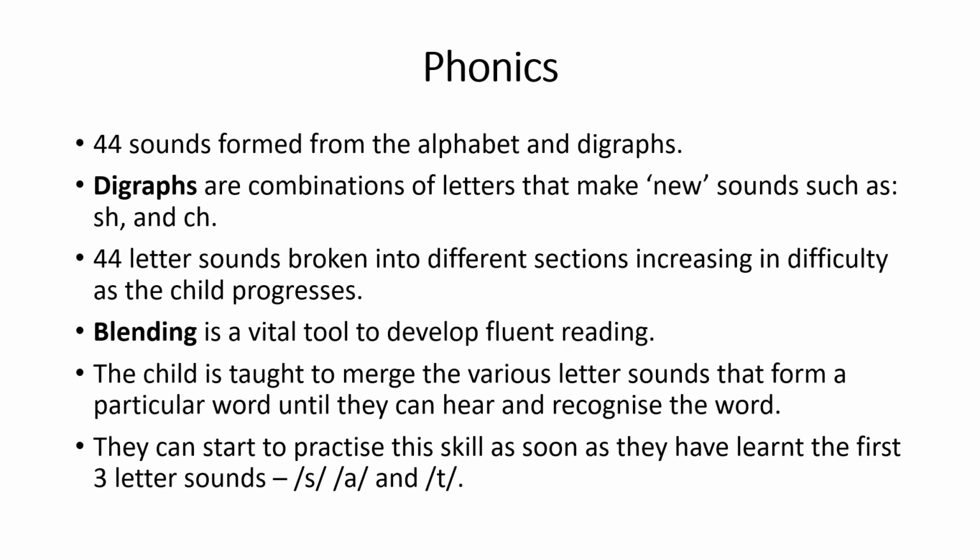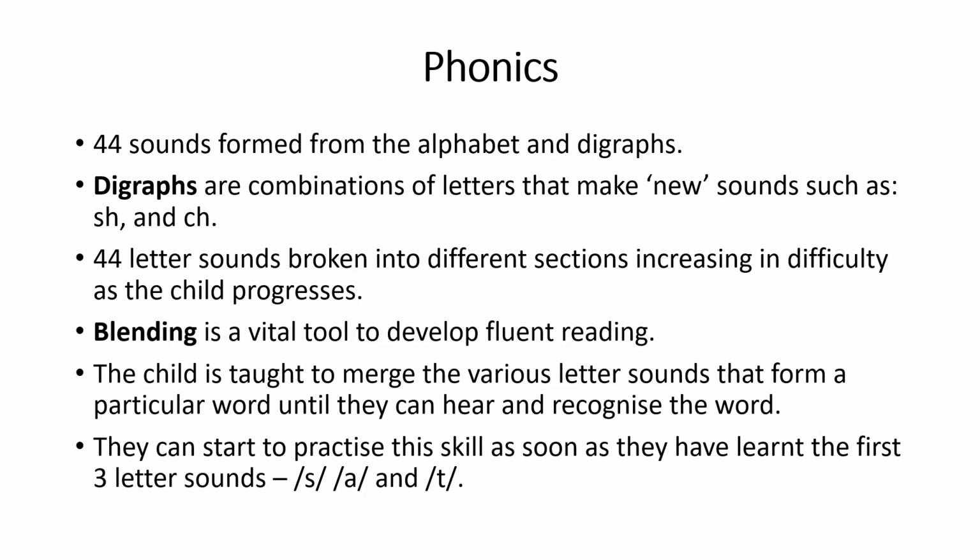The 44 letter sounds are broken down into different sections, and they increase in difficulty as the child progresses. Blending is a vital tool to develop fluent reading, so the child is taught to merge the various letter sounds that form a particular word until they can hear and recognize the word. Taking the same example of frog, once the child is able to produce these four sounds, f, r, o, g, we teach them how to blend it.